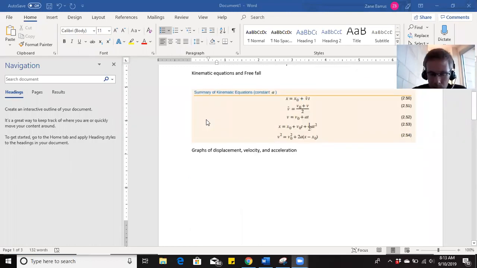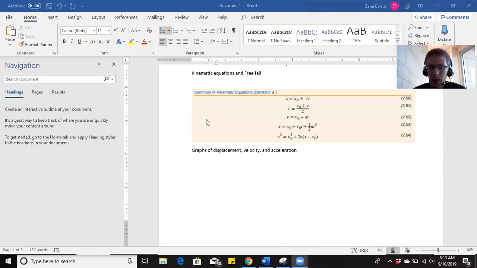So we described displacement, velocity, and acceleration for you. Now let's talk to you about different problems that you could be faced with on the homework. What you see in front of you right here, this table of equations, you are going to be responsible for being able to use this table to solve any problem that's given to you in this topic.